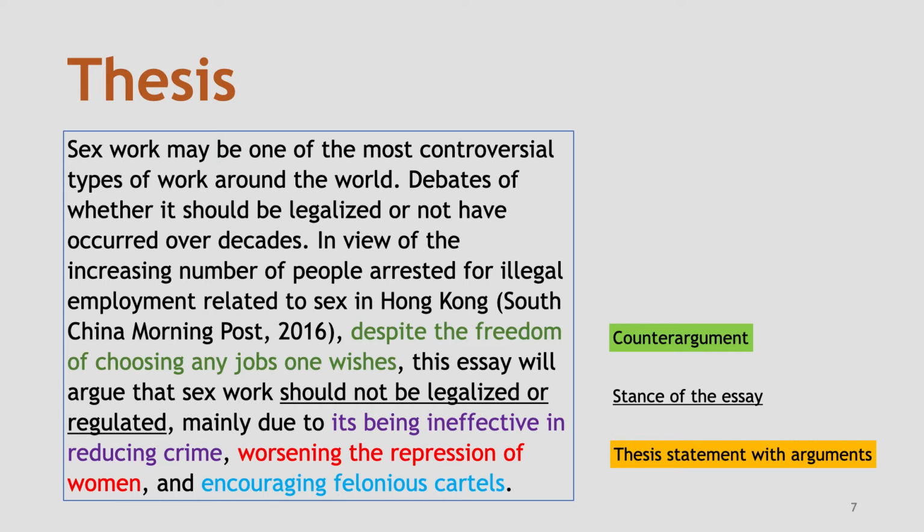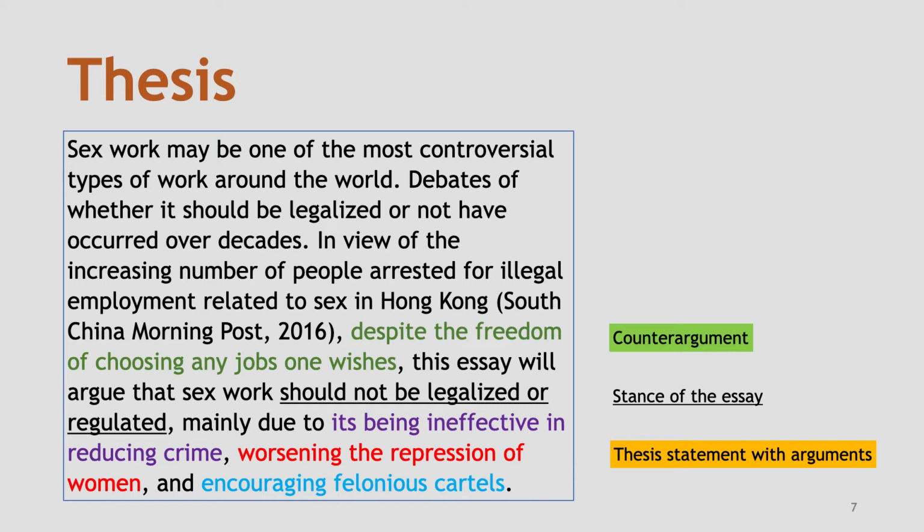Instead, he or she used this essay as the subject to provide the writer's stance towards the topic of the essay. And then you will find the main arguments in a very concise written form, being the three reasons.